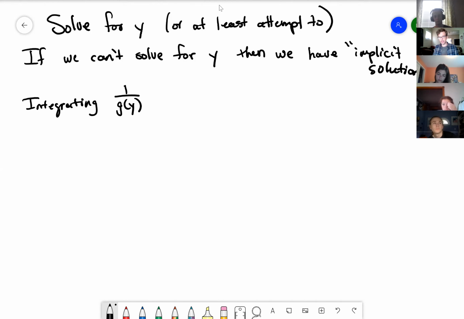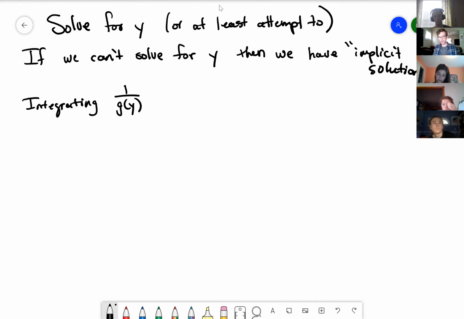And so if g of y0 is equal to 0 for some y0, then 1 over g of y is not continuous, right? It has a discontinuity right there at y is equal to y0.